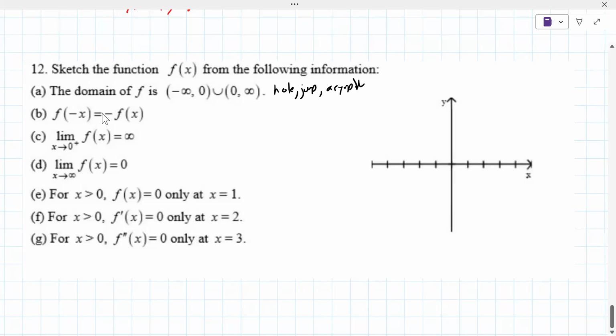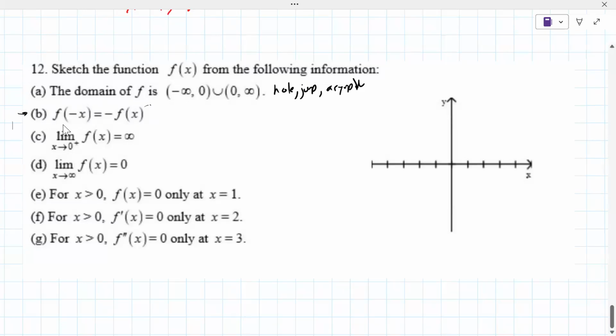Okay. B here says f of negative x equals negative f of x. Do you remember anything about what that means? Sine has this property. The graph of sine has this property.